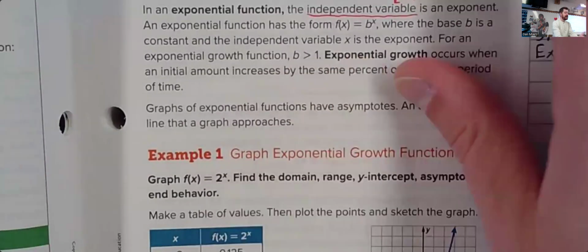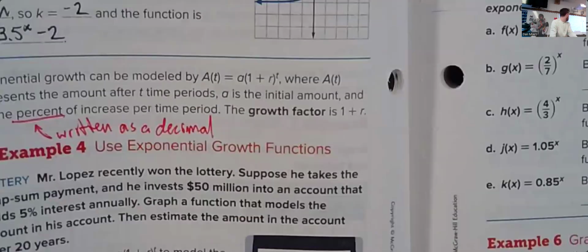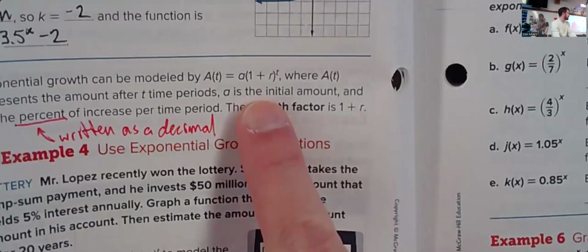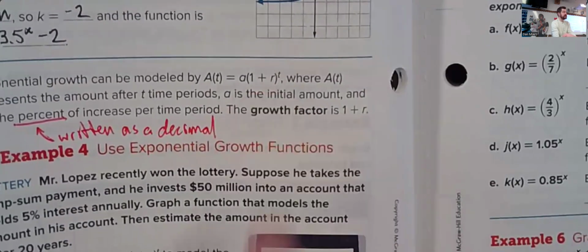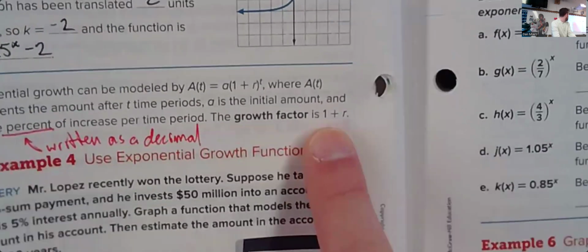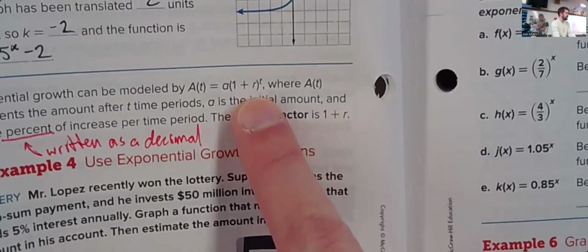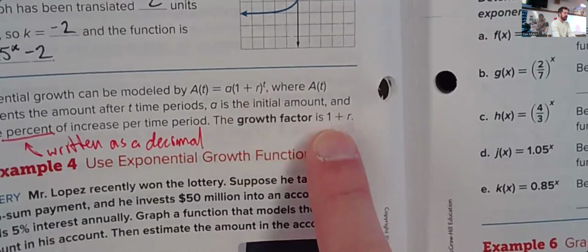And so having 1 plus a number in the parentheses, and that number is going to be a positive value, gives us a number greater than 1. So b is greater than 1, which means it's going to be growth. So we're talking about the growth rate is r, the growth factor is 1 plus r. So the rate is just the value of r, the factor is the sum of 1 and r.